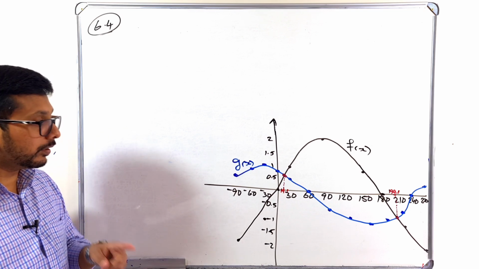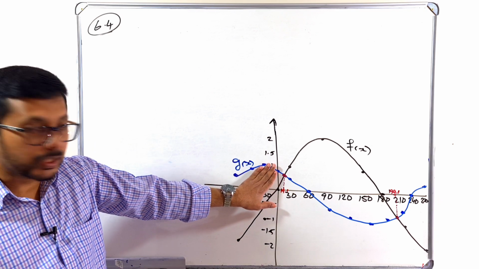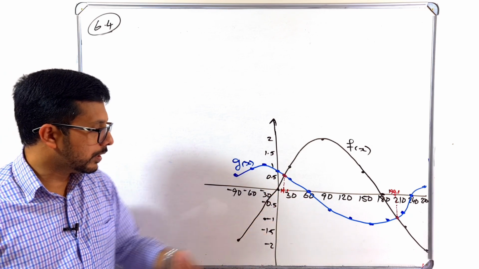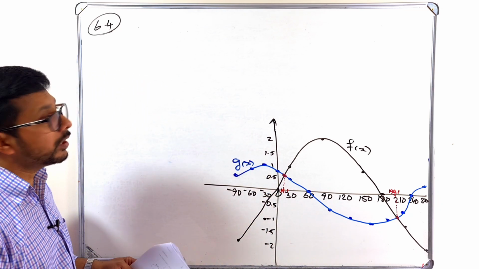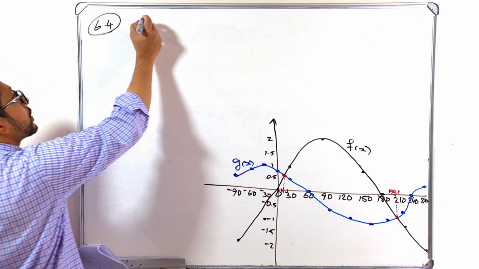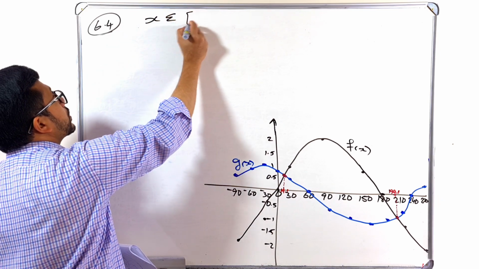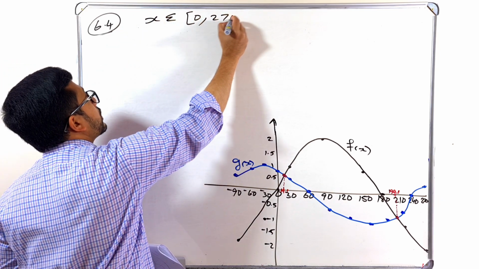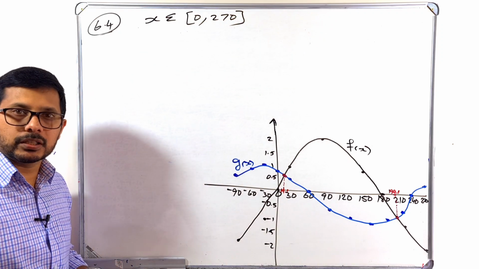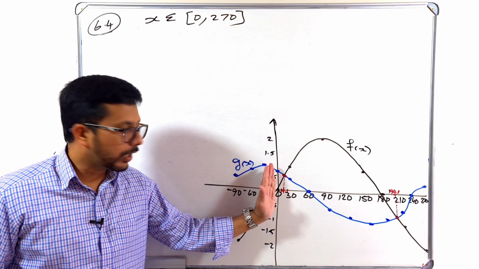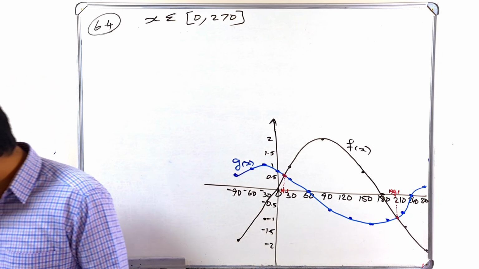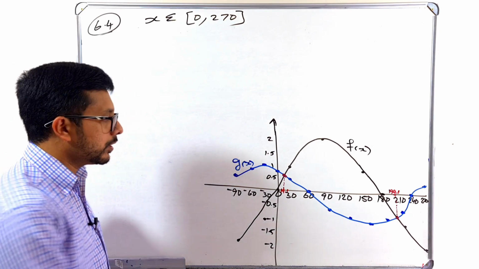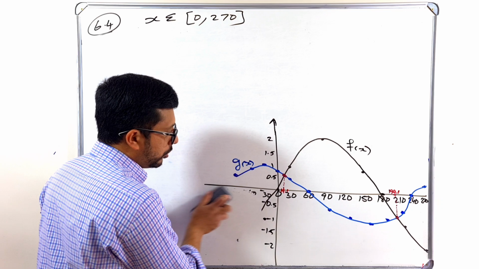So you don't have to consider what is happening before this 0. Here in this question the interval is given as x is an element of 0 to 270. You understand? So we just want to write based on what happens from 0 to 270.